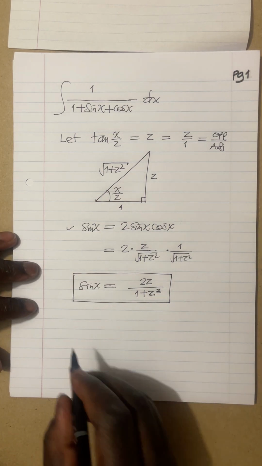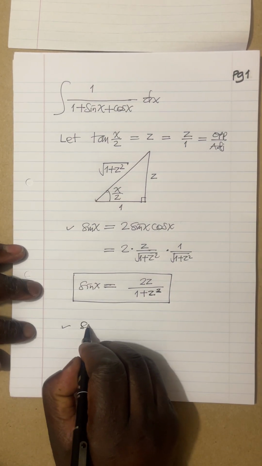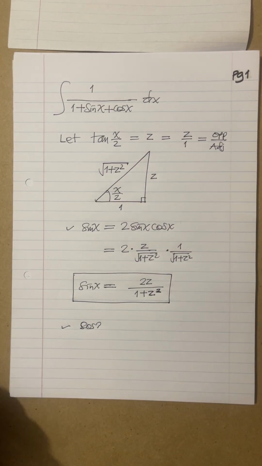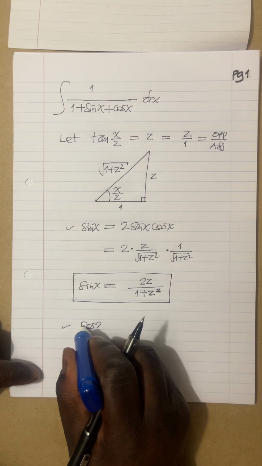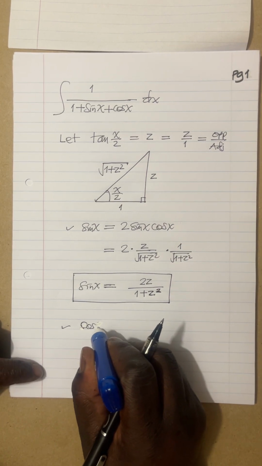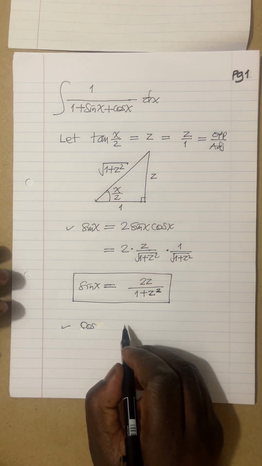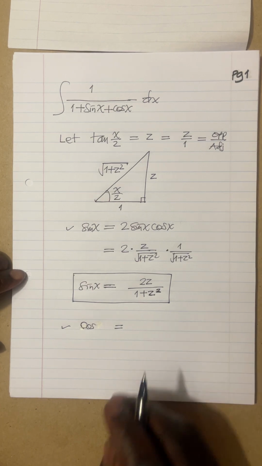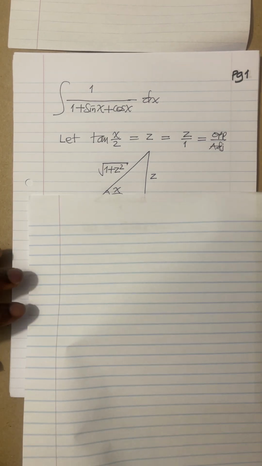Talking about cosine of x, result number 2, very important, cosine of x. We're looking at double angle formula for cosine, remember cosine has 3 expressions. Let me just show you here.